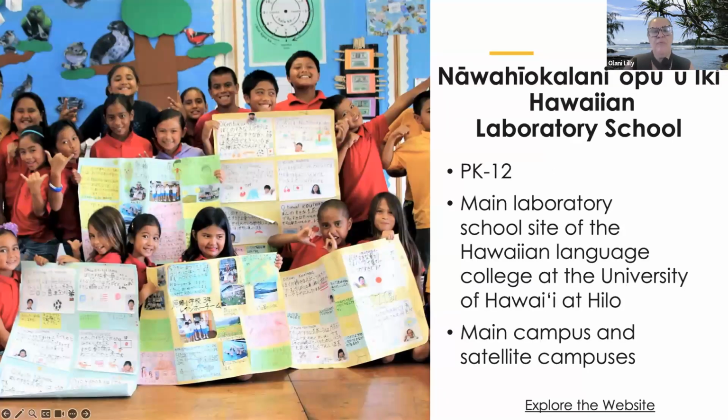So in Hawaii, we have a laboratory school named Nāwahīokalani'ōpu'u, a Hawaiian laboratory school. It is a Hawaiian immersion school, PK through 12. It is 100% immersion. It also offers a Japanese language elective, but that Japanese language is taught in Hawaiian.